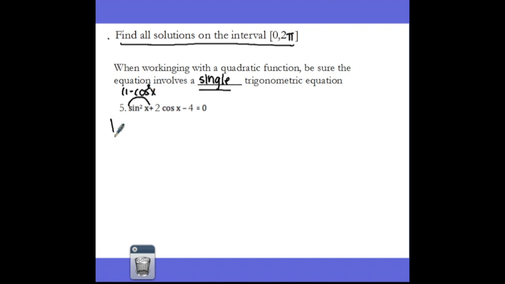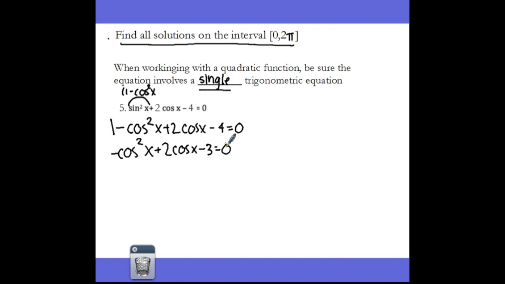So let's plug 1 minus cosine of x squared in for sine of x squared, leaving you with 1 minus cosine of x squared plus 2 cosine of x minus 4 equals 0. So let's combine the 1 and the negative 4, and then you're left with negative cosine squared of x plus 2 cosine of x minus 3 equals 0.